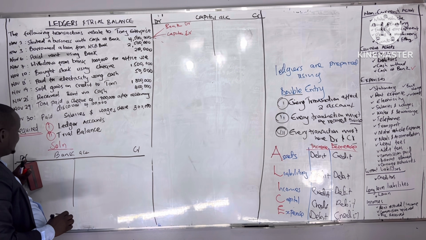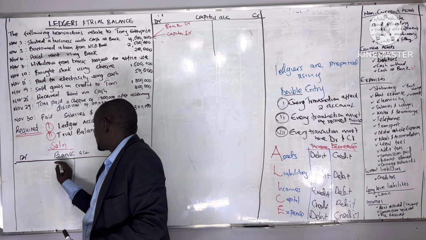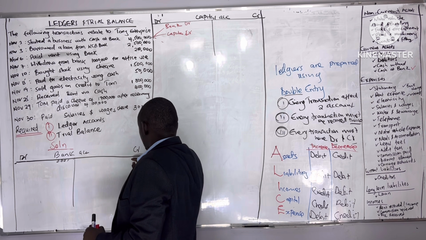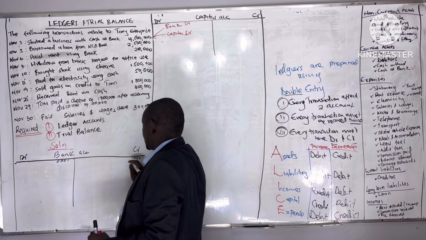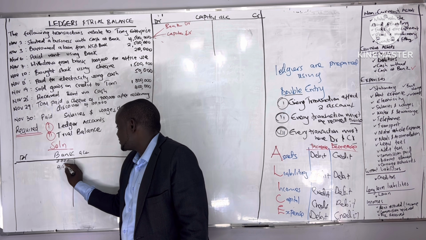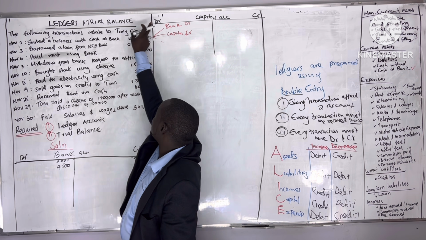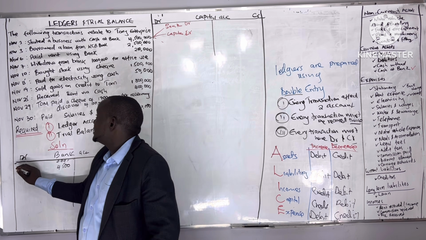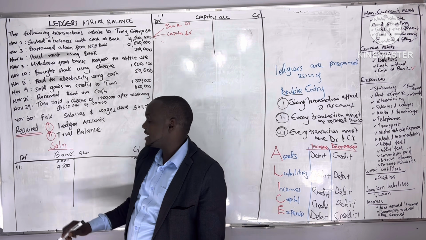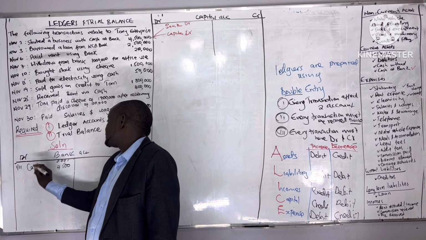I come to the debit side of bank account and post. My figures here are in thousands, so I post 4,500 on the debit side, because we are supposed to debit bank. The date is 1st of November. Then I give narration: this money came from capital.